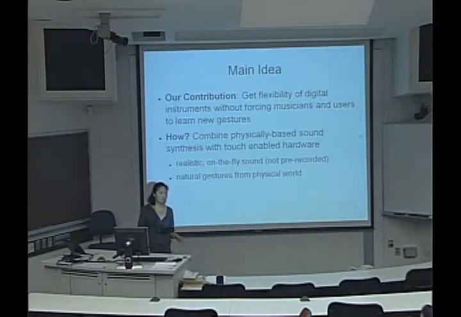The main contribution of our work is to get the flexibility of digital musical instruments, which are a lot, without forcing musicians and new users who aren't necessarily musicians to learn new gestures or to learn new hardware in order to play the music. So you take the traditional gestures that you would use to play the normal instrument, but you get all the benefits of a digital instrument.